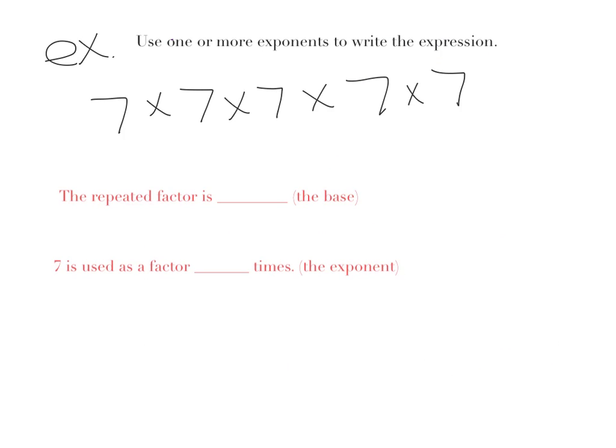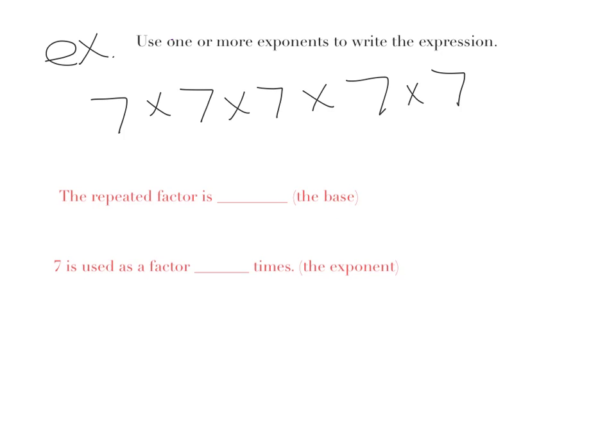So here we have an example. It looks like we're using one or more exponents to write the expression. Obviously we have the same number repeated multiple times. And we're multiplying them because exponents are repeated multiplication, not addition. So we're repeating the factor 7. See that? This number is repeated. That is our base.